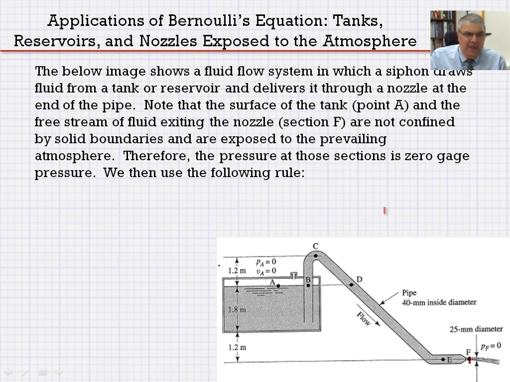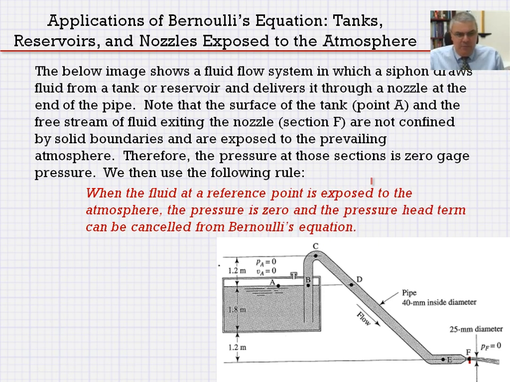At point A, the pressure would be 0 because that is the surface of the tank, and this is not a pressurized tank. As such, the surface of the tank, point A, and the free stream of the flow down here, F, the pressure would be 0. They're both exposed to atmosphere, and they're not confined by any type of boundary. So pressure at these sections would be 0.